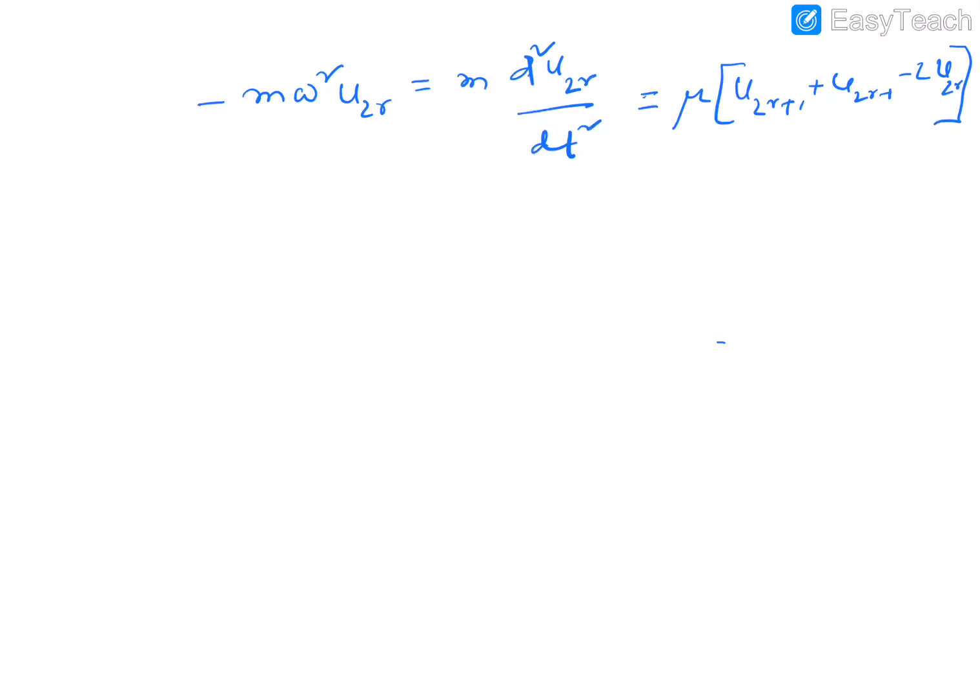So you remember, I've just skipped one or two steps here, sorry. But you know all the meanings, right? We have just done this in the last class. What is mu? Mu is the force constant which we are considering.